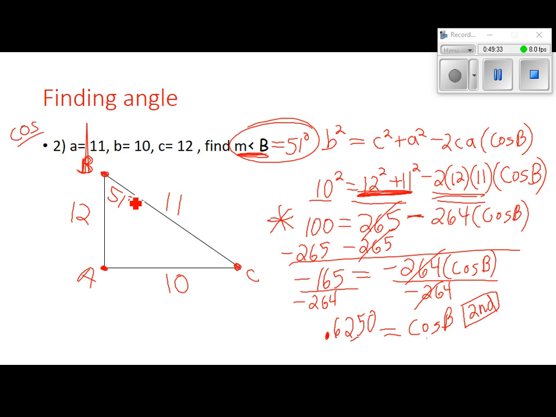It gave me like 0.023. No, hold on. Get clear. You're not hitting second. The second button's up here. Okay, yeah, that makes more sense.